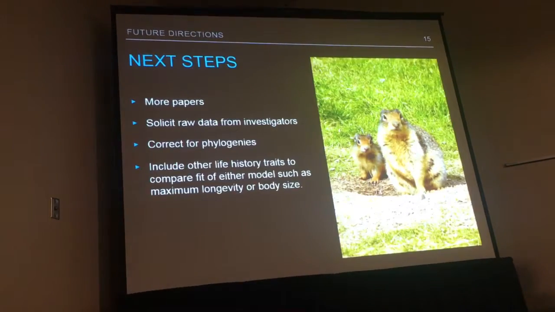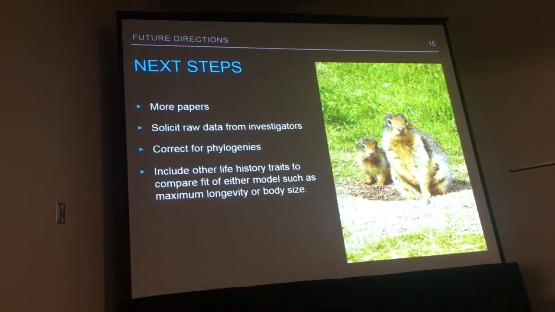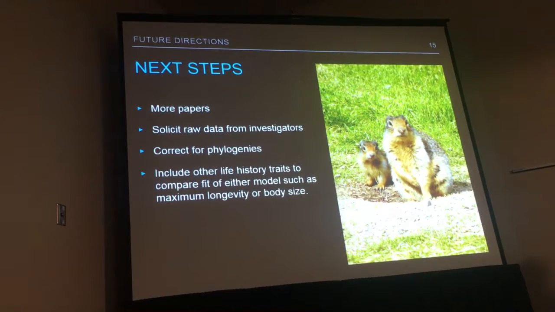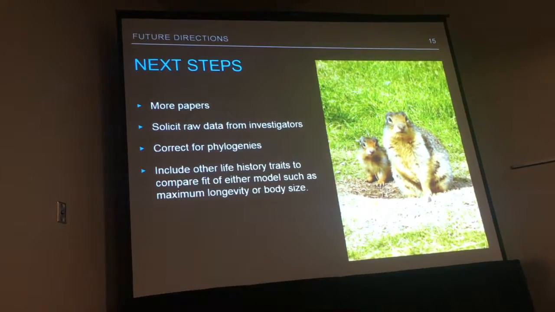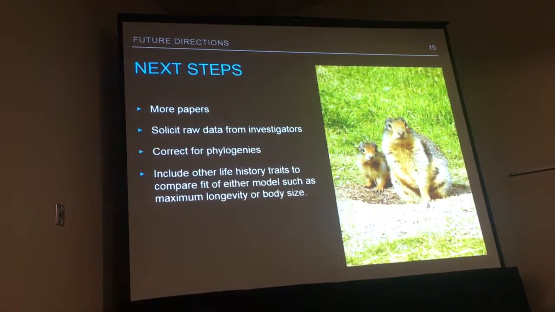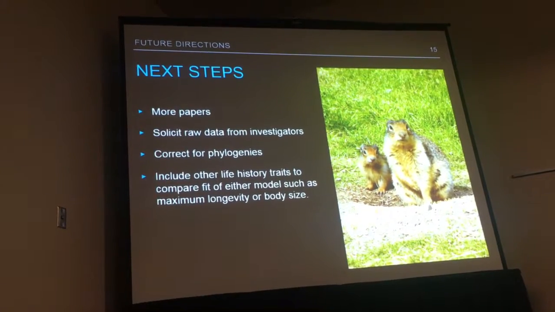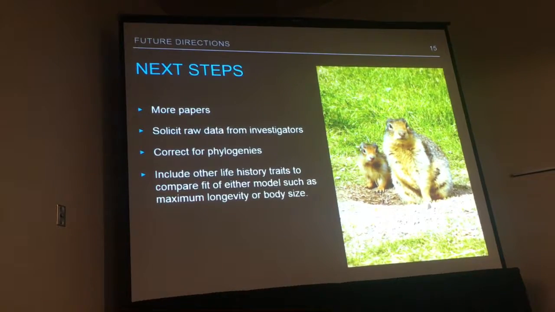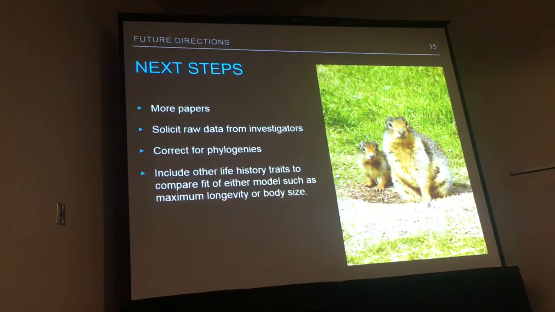So the next steps with this work are widening my sample size and looking at more natural populations to see if the age distribution of mothers is still a good fit. I'm also going to solicit raw data from investigators, and I've asked a couple of people already at this conference.